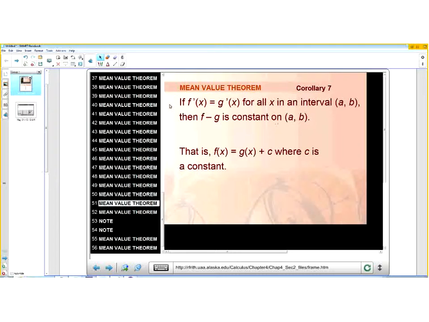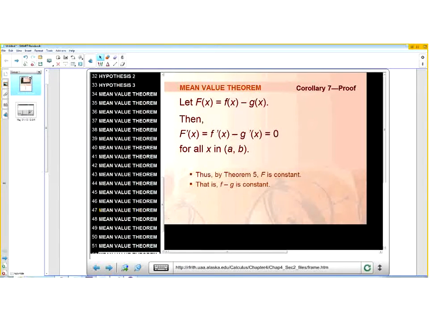Then the takeaway is that the difference between f and g is constant on the open interval a to b. That is, f of x is equal to g of x plus a constant, and c need not be 0 in this case.